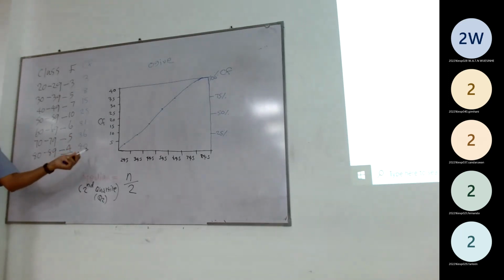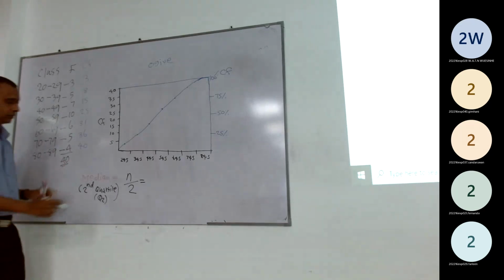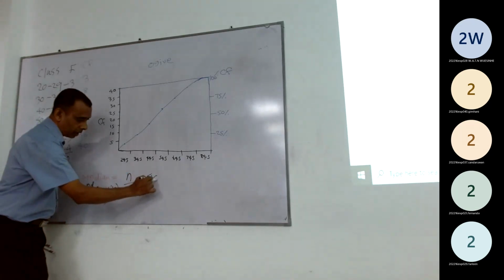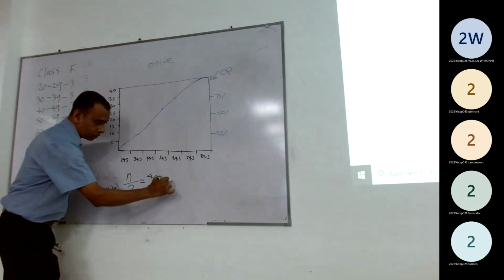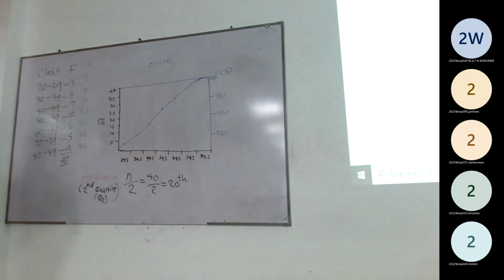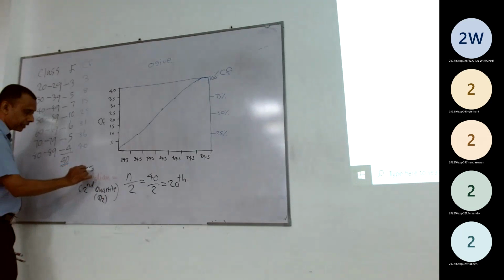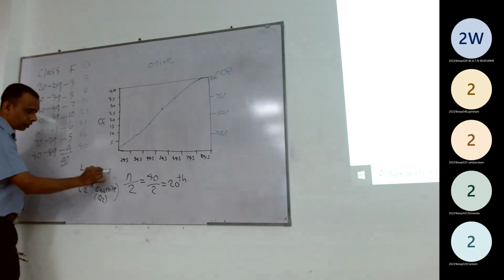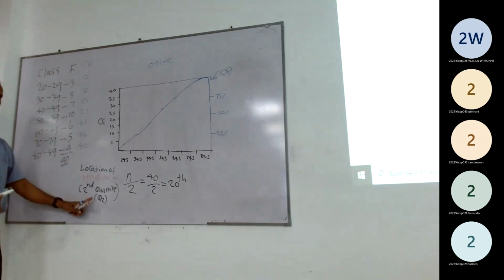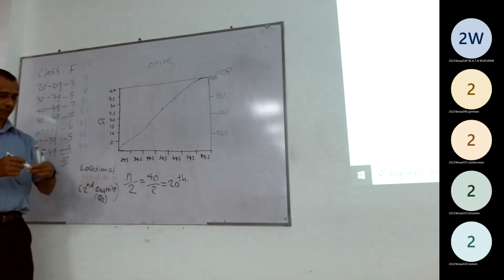Later we calculate all these by using formulae. N means how much? 40. 40 divided by 2, the 20th observation is the median. Location of the median, or second quartile: N over 2, 40 over 2, the 20th.